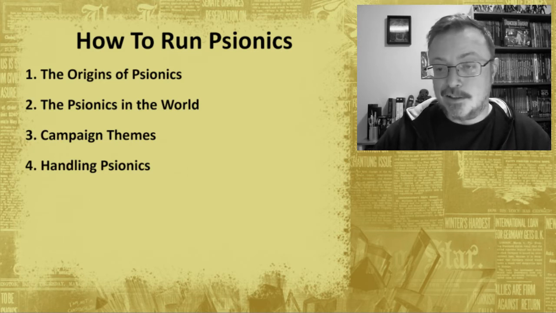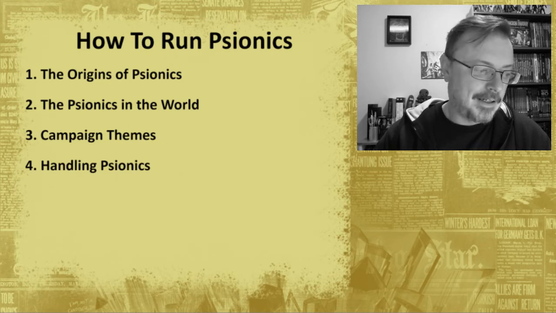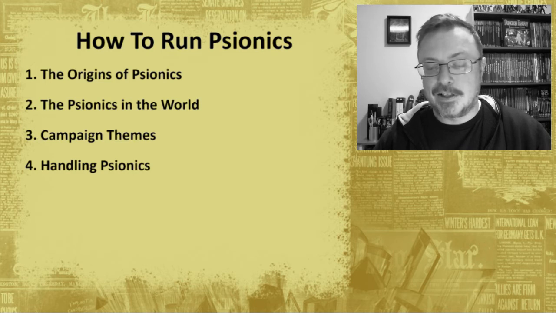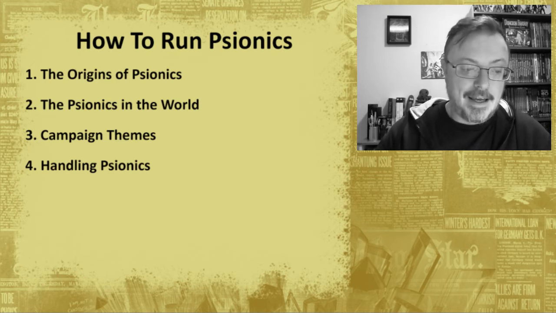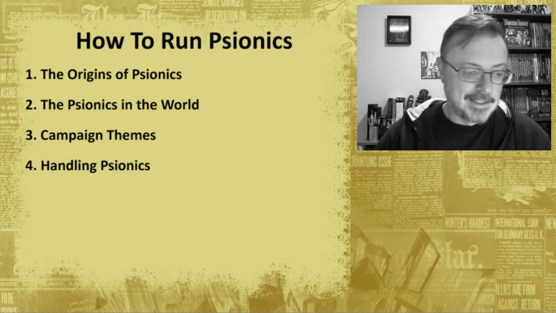And lastly, you need to pay attention to how psionic ability can work in your campaign. As the GM, you need to be prepared to handle the subtle and spectacular ways psionics can change the most basic scene.